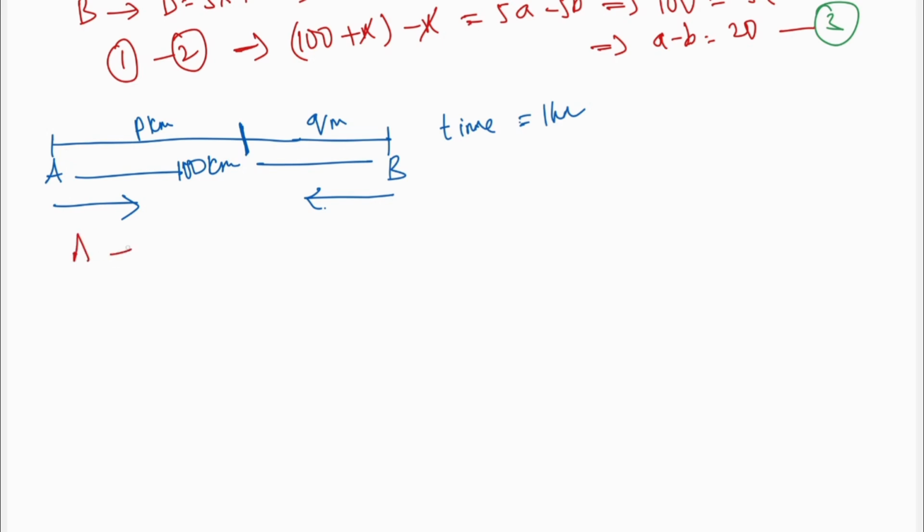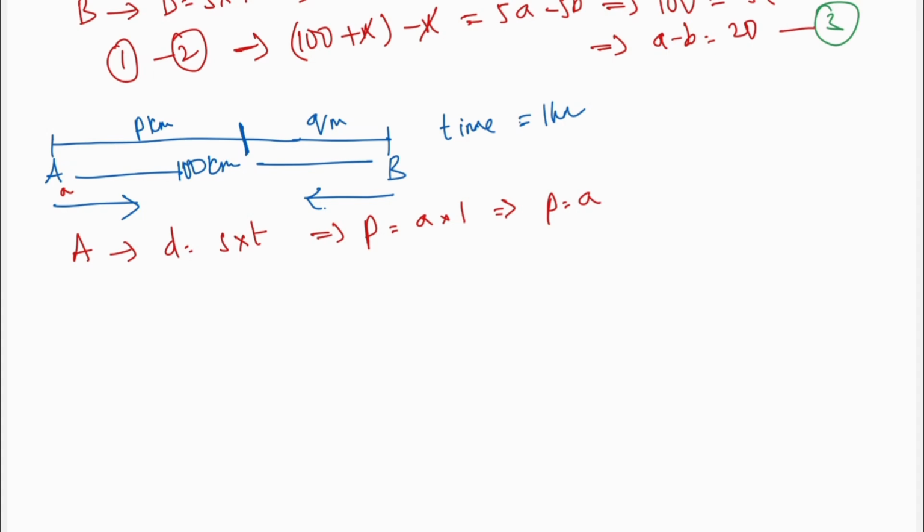Distance traveled by A is speed into time. P is equal to the speed A has been traveling with, a kilometers per hour, into time 1 hour. So P = a.